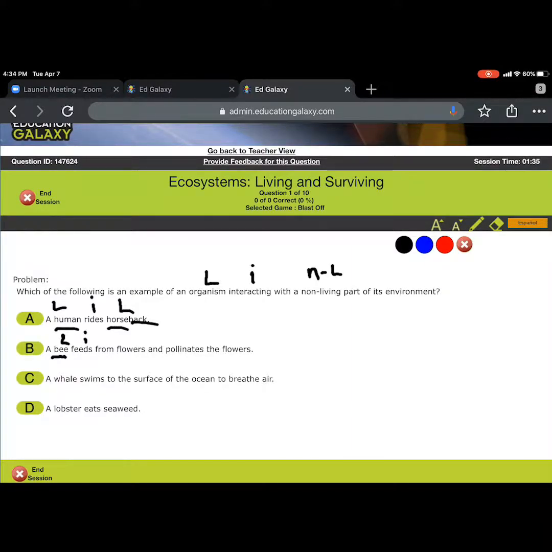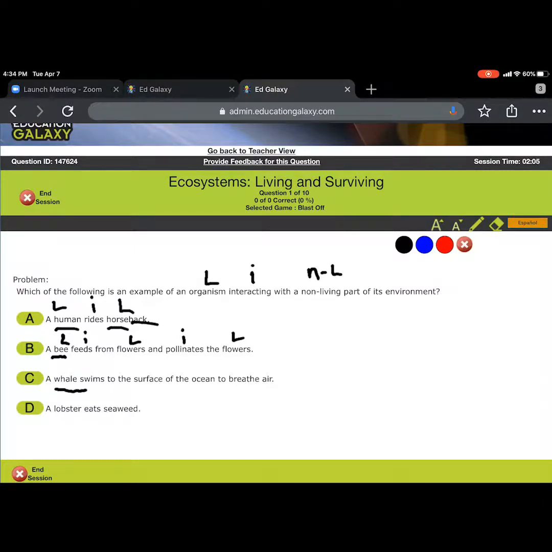A bee feeds from flowers, that's living, and pollinates the flowers. Okay, here's interaction and living. So maybe a couple examples here. So I would say that's probably not the one, because flowers are living. So I see a good combination here of L-I-L-I-L.